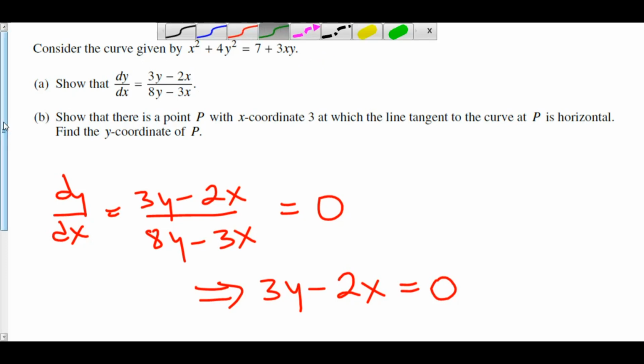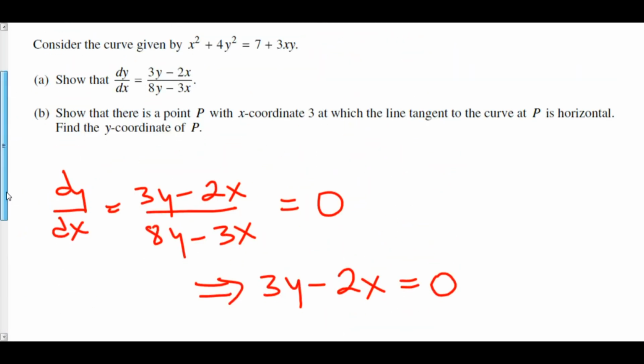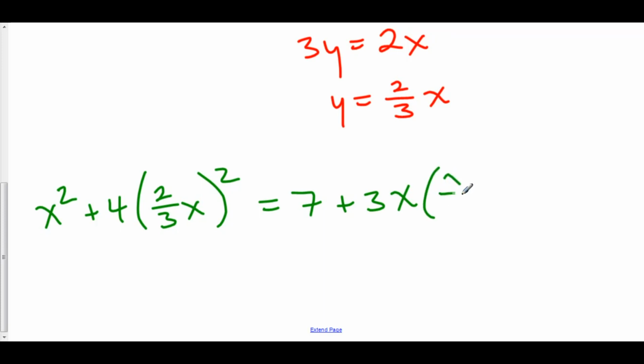So here we have x squared plus 4y squared, that's 4 times 2/3 x squared, and this is equal to 7 plus 3 times x times y, and that's 2/3 x.